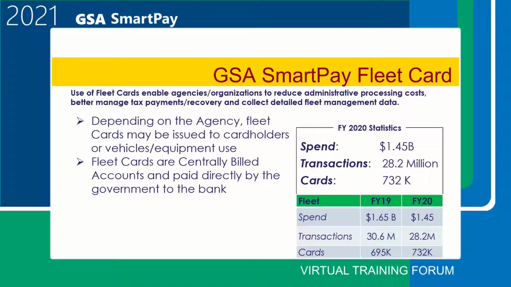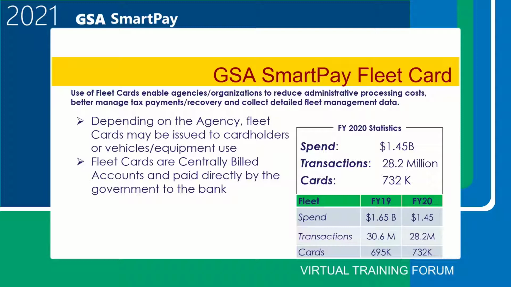Okay, so a little bit more detail on the spend here and the comparison to last year. The fleet card enables you to reduce administrative processing costs, better manage tax payments, recovery, and collect detailed fleet management data, right? So all vehicles, most of them come with an individual fleet card.